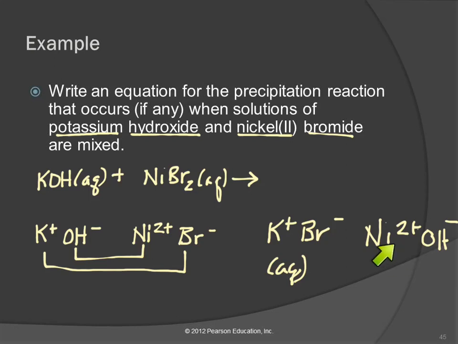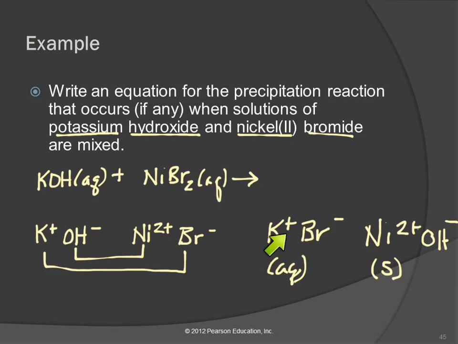If we go look, compound formed between nickel and hydroxide, hydroxide is in the lower part of that table. Hydroxide compounds are generally insoluble, with a few exceptions. This is not an exception. So this one is insoluble, so its state is a solid. One of our products is solid, and so we do have a reaction and we need to finish.